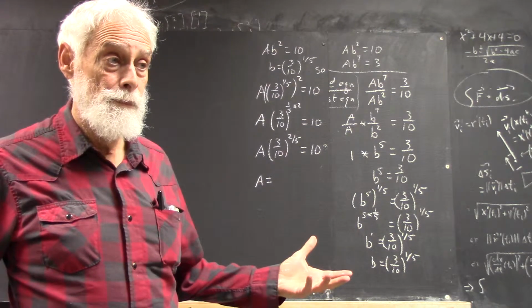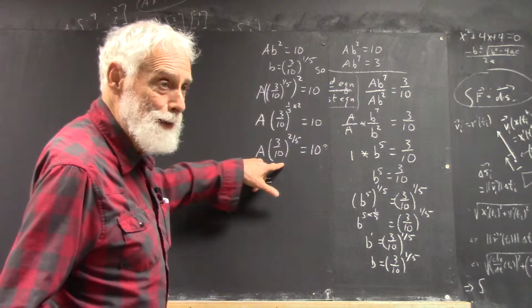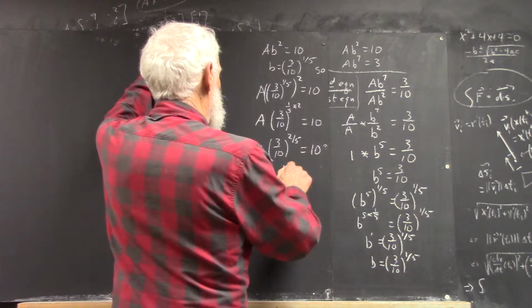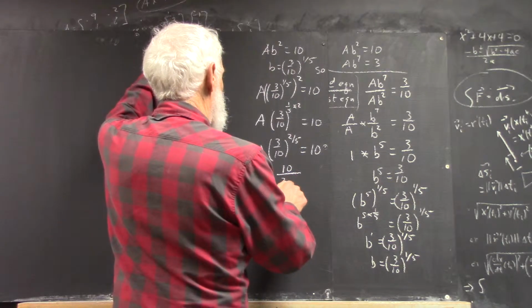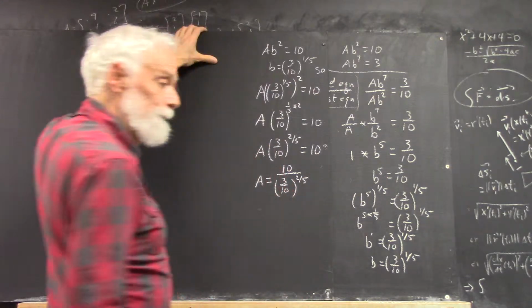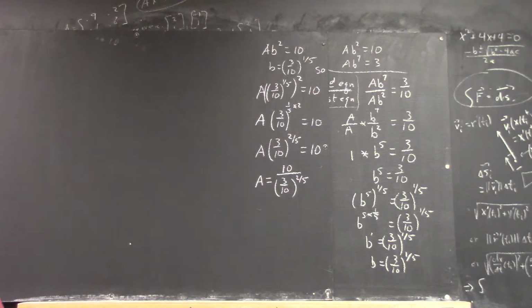Divide by 3/10 to the 2/5. Yeah, divide by this, right? That's what you're saying. Okay? It's 10 over 3/10 to the 2/5. And that's something else you can punch into your calculator.